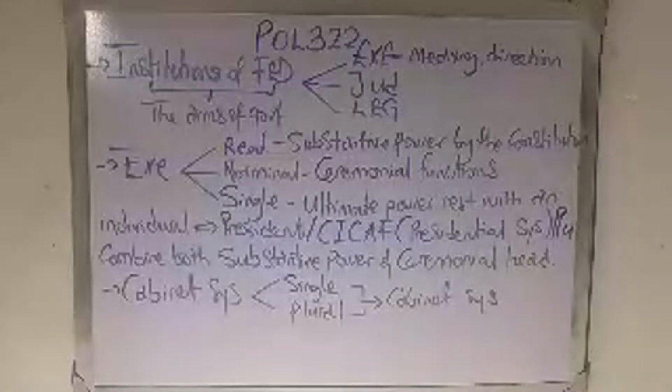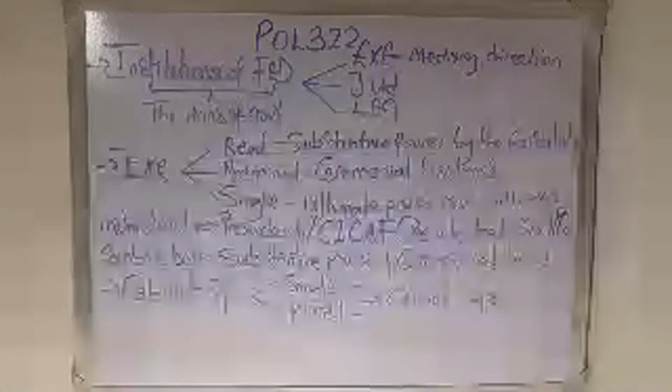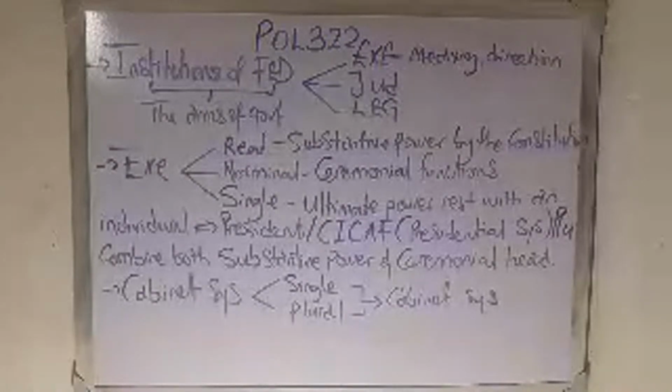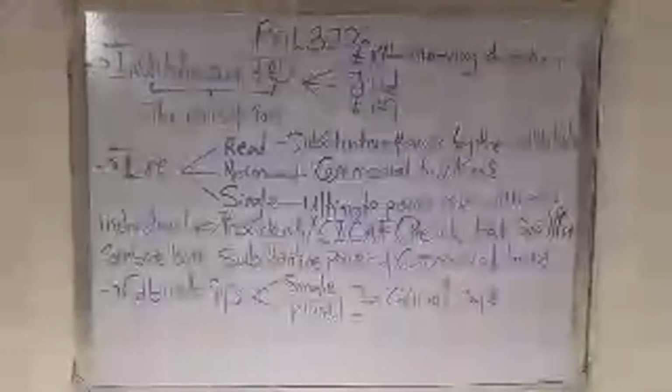It's more of the prime minister and the president, where one gets to be the ceremonial head and the other gets to be the administrative head. That is for the plural executive, which works with the presidential system of government.